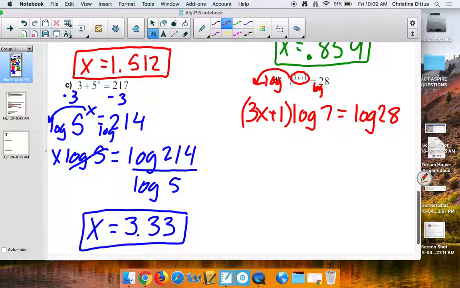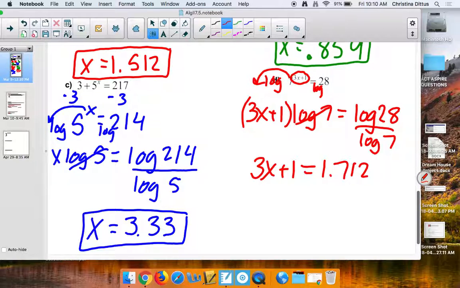Now what? Divide by the logs. So I get 3x plus 1 equals 1.712. What's my next step? Minus 1. So 3x equals 0.712. Now what?